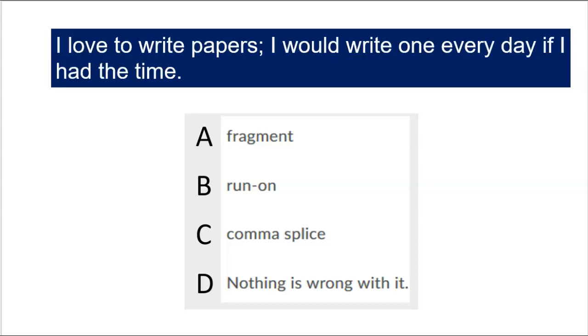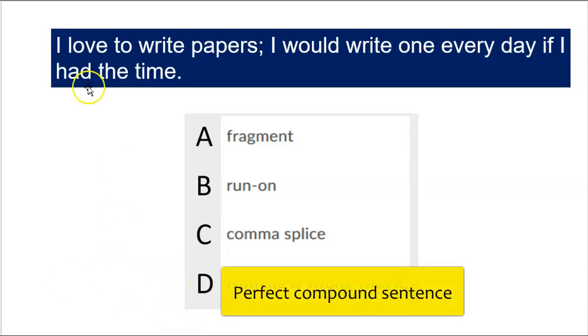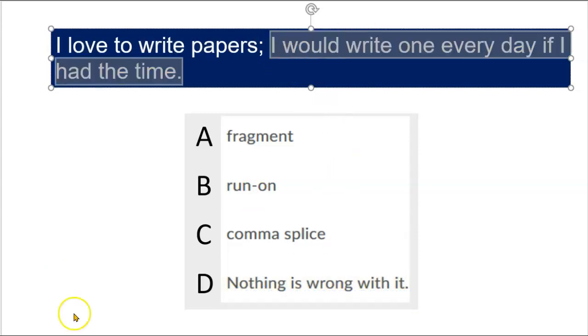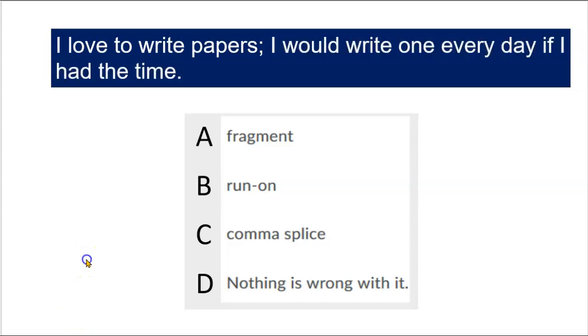This right here is a perfect number D. Nothing is wrong with this. I love to write papers. That's an independent clause by itself. I would write one every day if I had the time. That, again, is an independent sentence all by itself. What happened here is the person correctly used a semicolon. And what I like to do when I think of a semicolon is to look at it and realize what is in a semicolon?